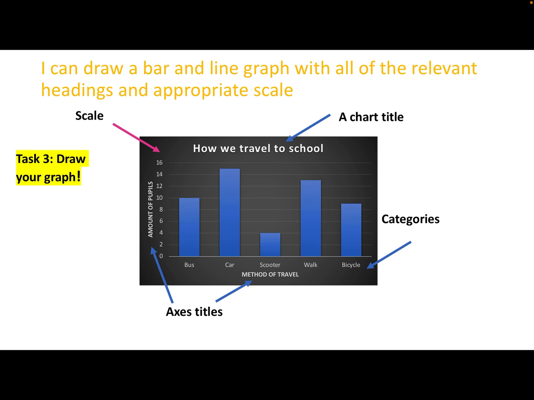So it would be number of people on the left, and then at the bottom whatever it is. So it might be crisp flavours, and then you put your categories underneath each bar. Again, you need to think about your scale. Is it just going to go up 1, 2, 3, 4, 5, 6, 7, 8, 9, 10? That's much easier. I would suggest you do that. Or do you want to challenge yourself and put it in a scale going up in 2s?